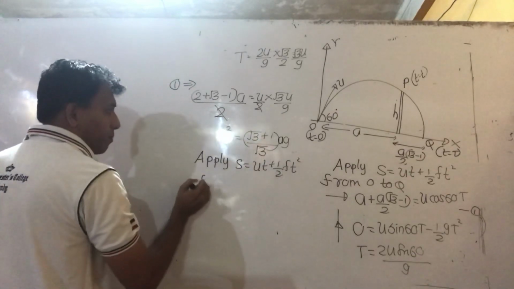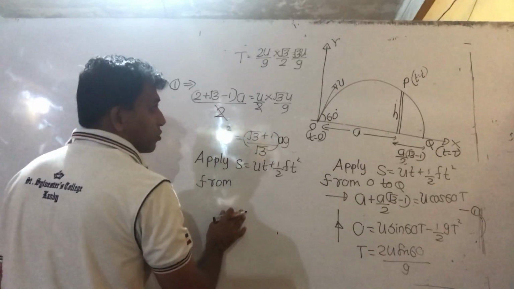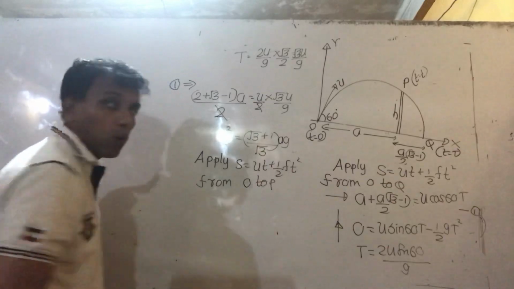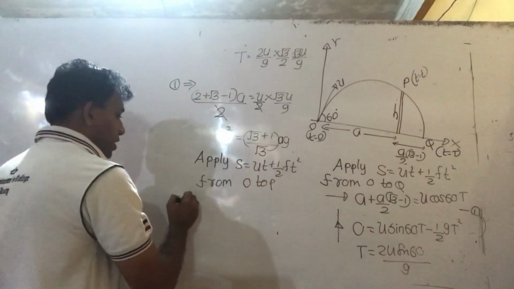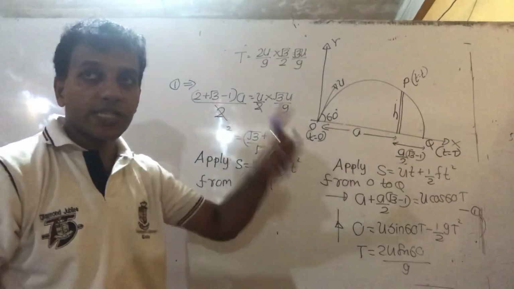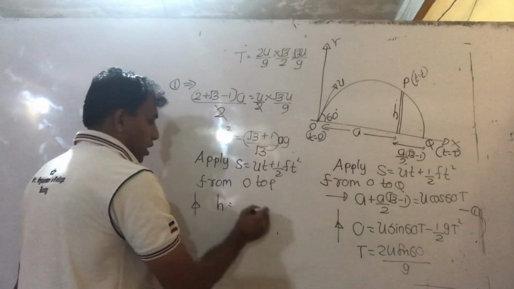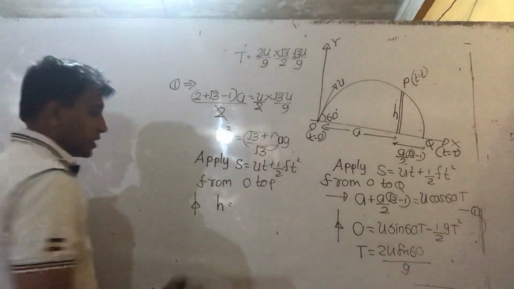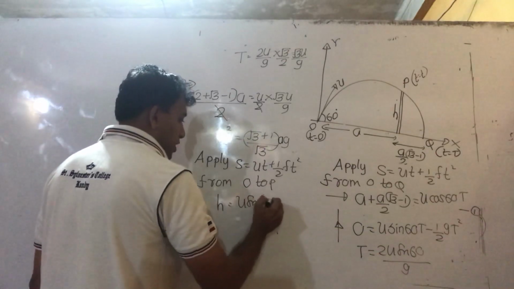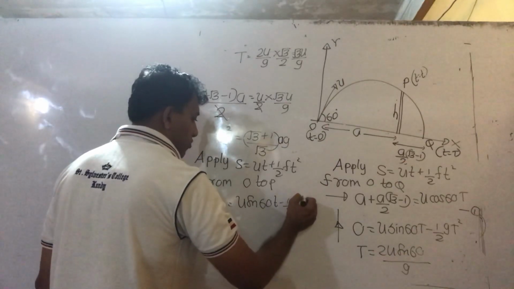These words are important for your revision. For O to P, apply vertically upwards. The height is h: h equals u sin 60 into t minus half g t square, the famous equation.